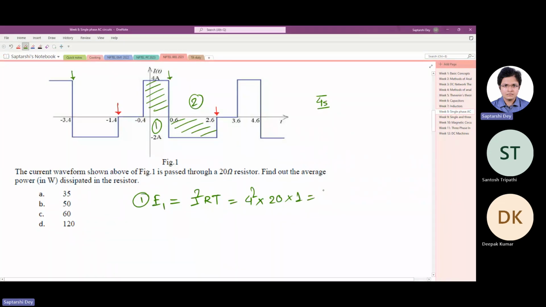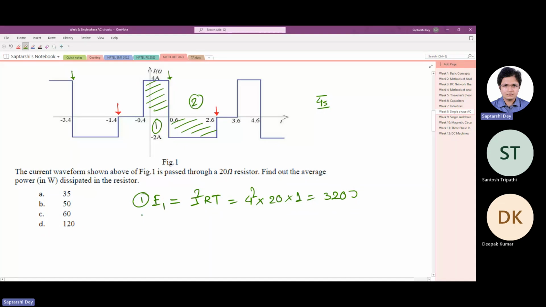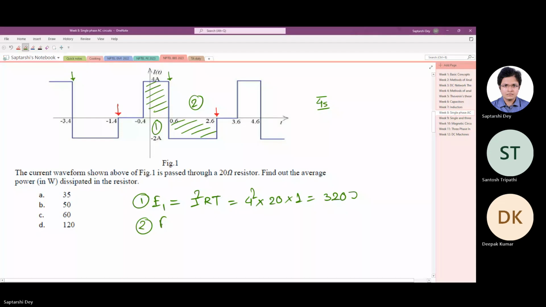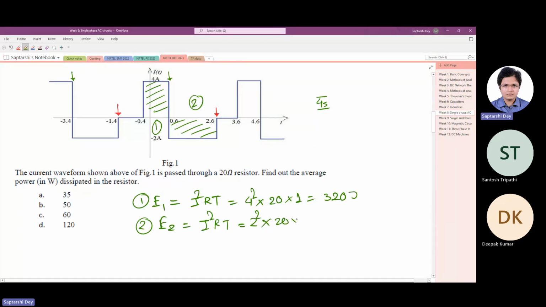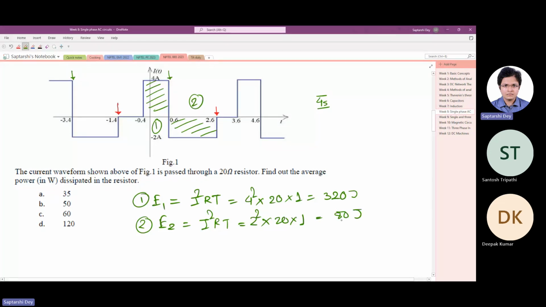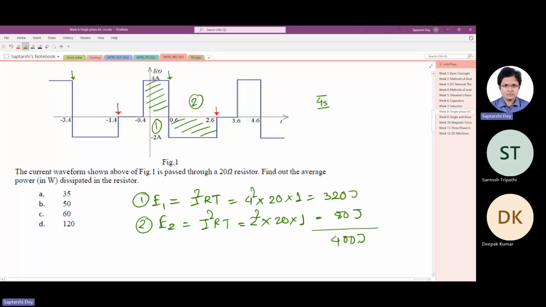So 320 joule is dissipated in zone 1, and during the other time the energy dissipated is 2 squared times 20 times 1, that is 80 joule. So the total energy dissipated in one complete time period is 400 joule.